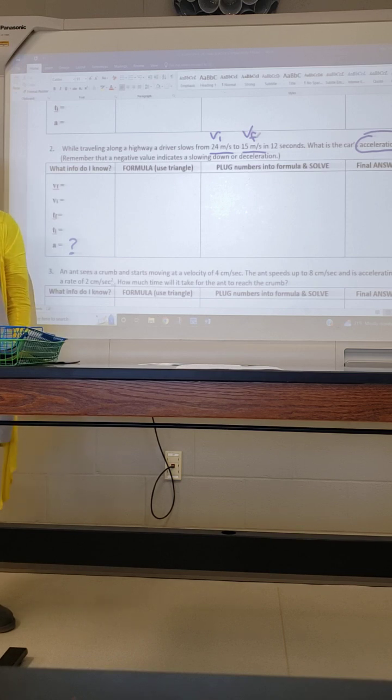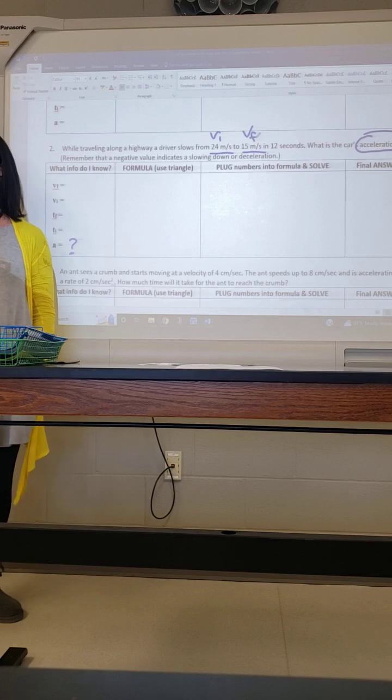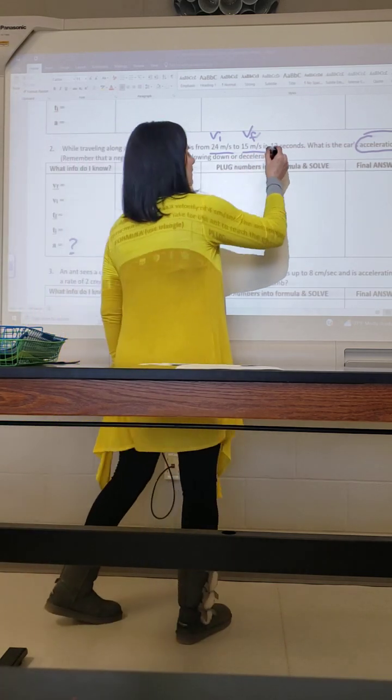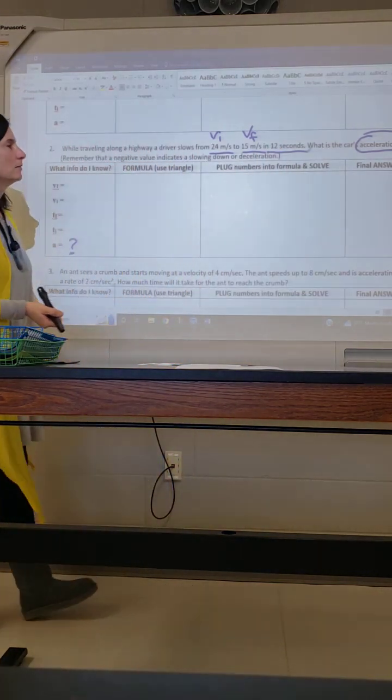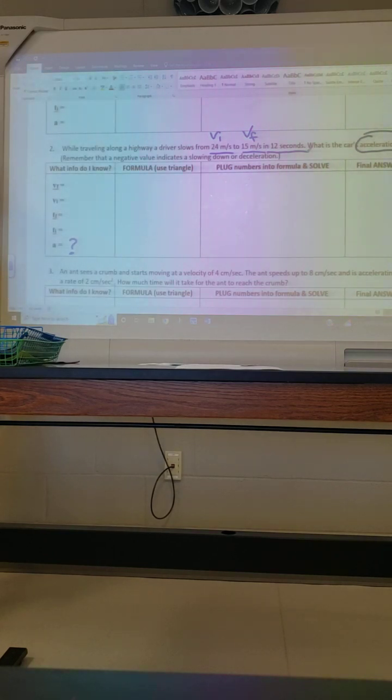Okay, I will call. Connor, what else do I need to underline? 12 seconds. Okay, and then, do we see 2 times? I don't see 2, so the initial is gonna be 0.